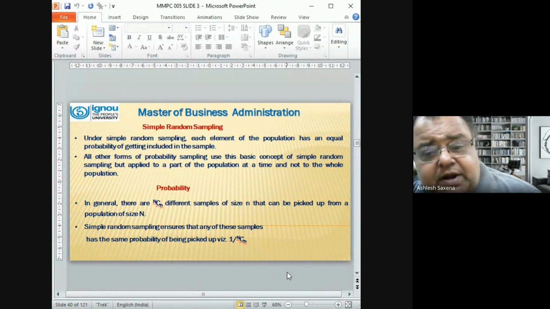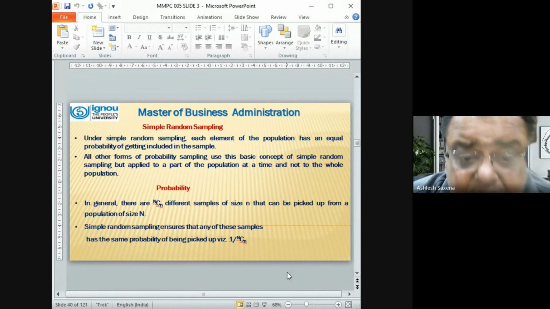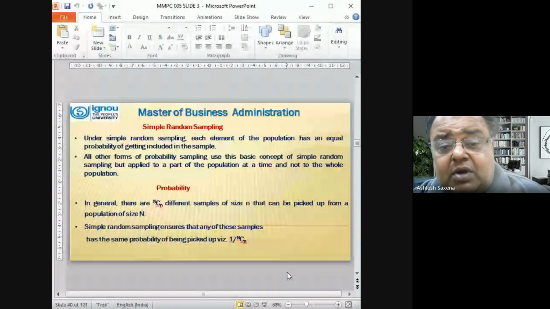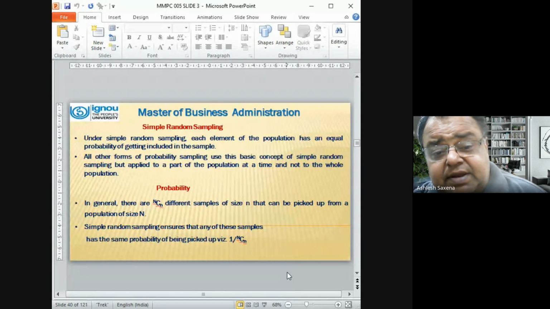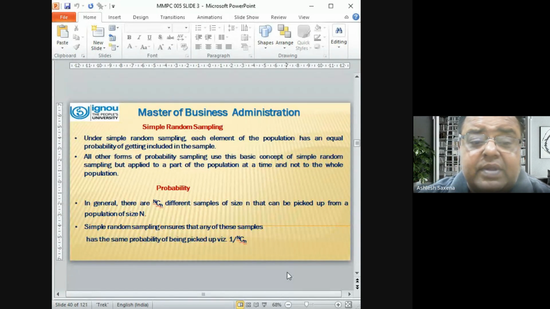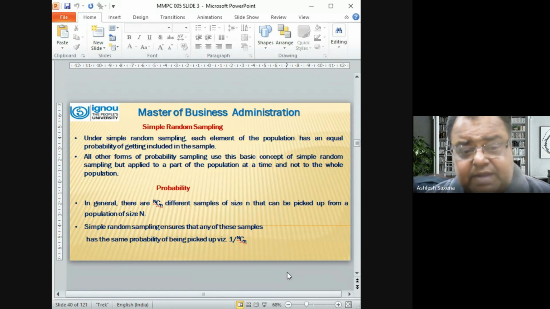You are aware of the world of probability. Here, what is going to happen? We have to choose the sample size, that means the total of the sample size. Here, it will be calculated by NCn, where n is the size of different samples to be picked from a total population of N. Random sampling ensures that any of these samples has the same probability of being picked up. That means 1 upon NCn.